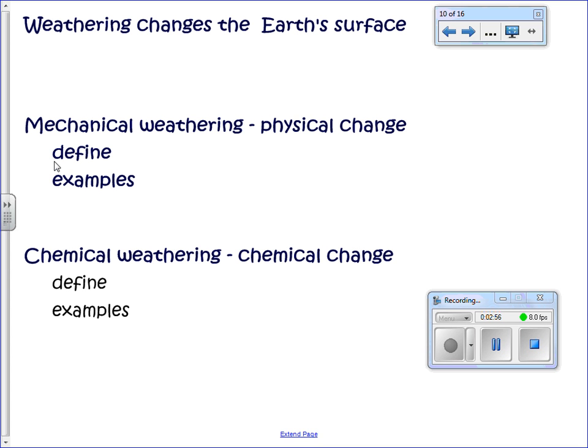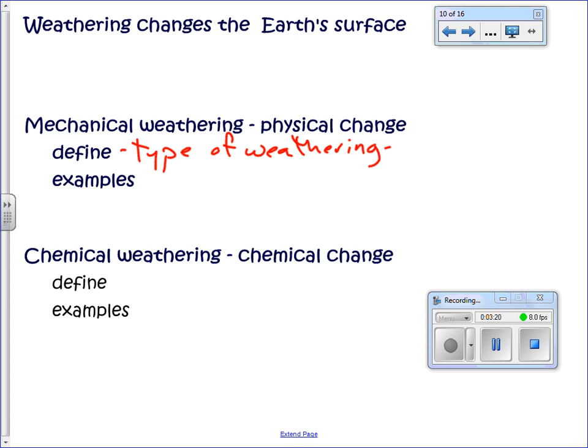Who can define mechanical weathering, and someone give us an example? Okay. A type of weathering where rock is broken into smaller pieces. And remember, we talked about this yesterday, the physical change, it's the same substance.